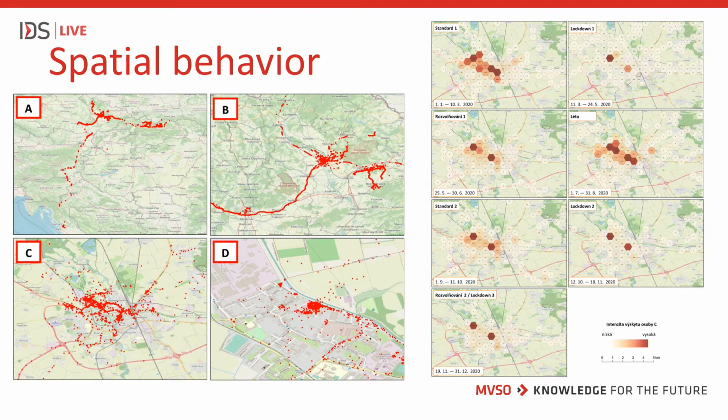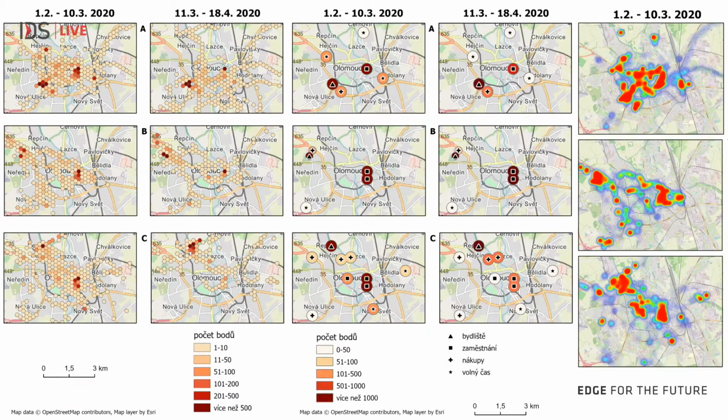This information can also be aggregated into hexagons, as you can see on the right side, and you can identify where I am moving during different parts of my life, during different months, weeks, days, nights. You can identify it not only for me as one person, but if you know this information about more people, like here, persons A, B, C, you can aggregate it and relate it with information about shopping places, working places, my leisure time.